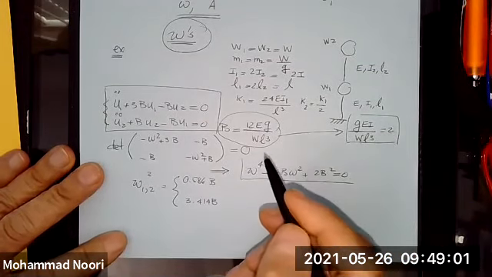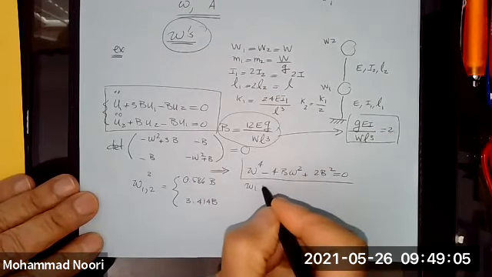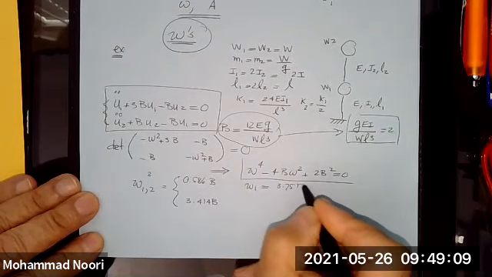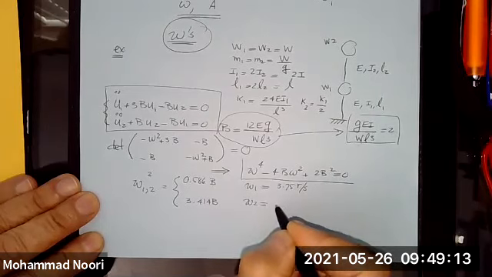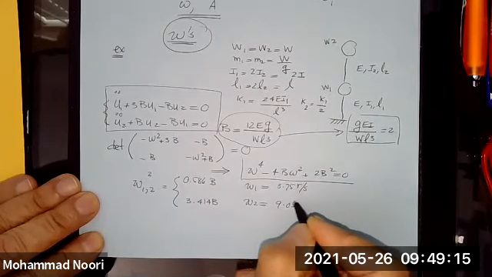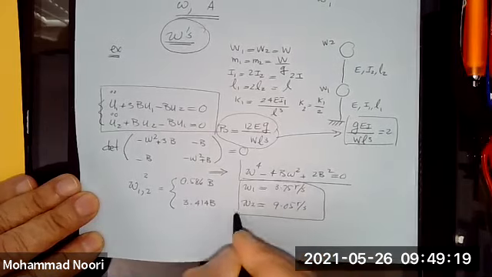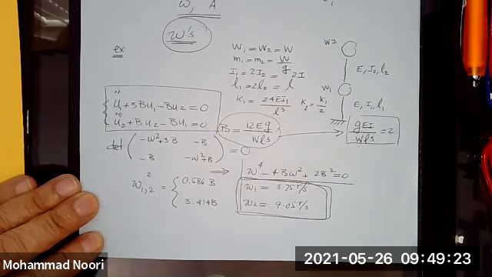If you do that, you will get omega 1 comes out to be 3.75 radians per second, and omega 2 would be 9.05 radians per second. So these are the frequencies.